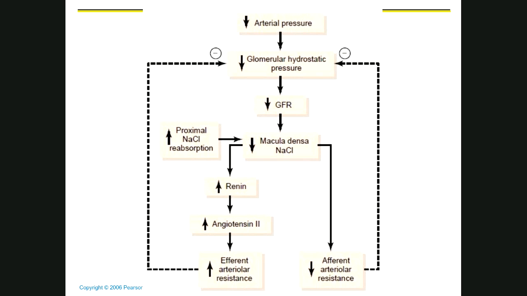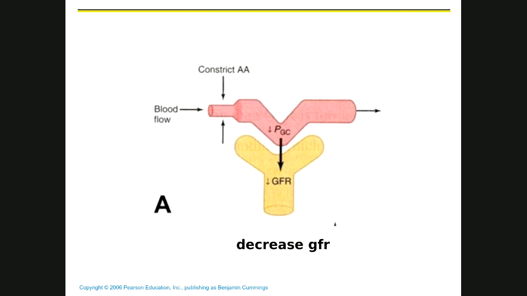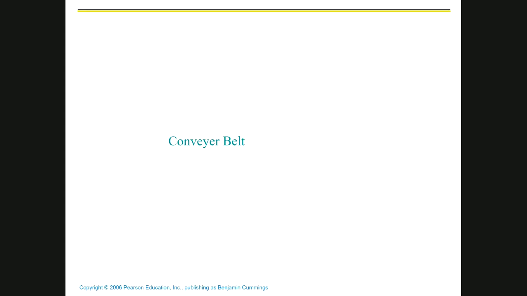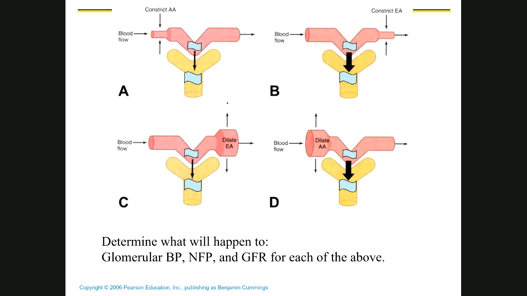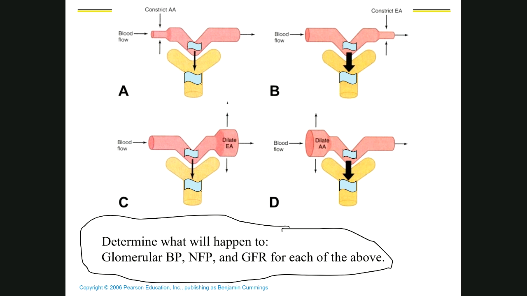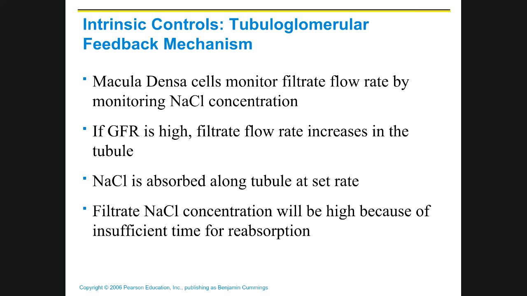So, a couple of things. Go back if you didn't get it, and make sure you understand this. You should be able to determine what's going to happen to each one of those if any of these things happen. And then remember that we want to adjust GFR. We can either make it go up or we can make it go down. But in order to do that, we have to know what the rate already is.